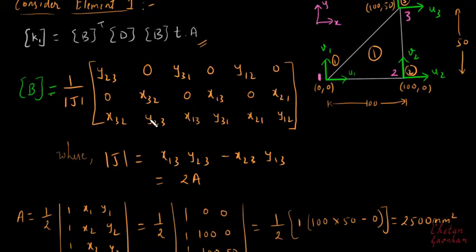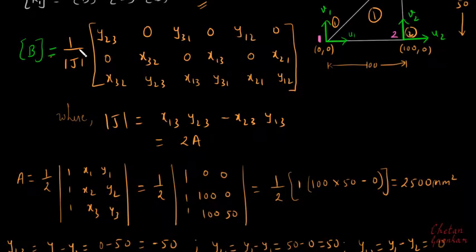So before going for this B matrix, let us first calculate what this J will be. J is nothing but 2 times the area, and the area is given as half of this matrix, where 1, 2 and 3 are the local node numbers.